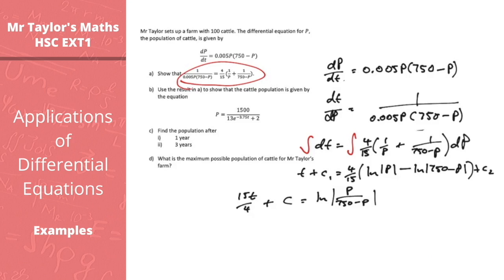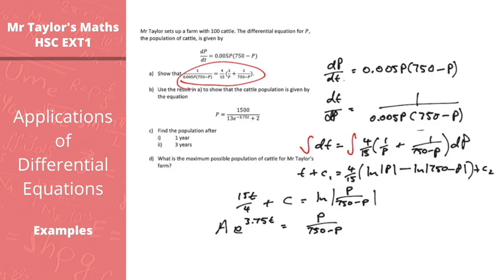So now I can take the exponential of both sides. E to the 3.75t. Now remember, e to the c, we're calling that a, so I'm just going to put that there. And that's the absolute value of p over 750 minus p. And we know that my population is starting at 100, starting with a positive.